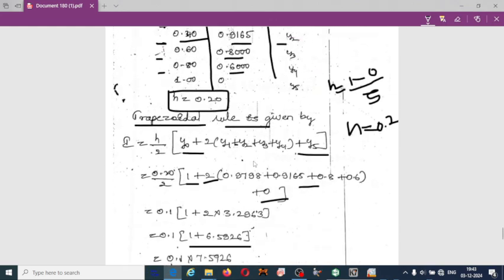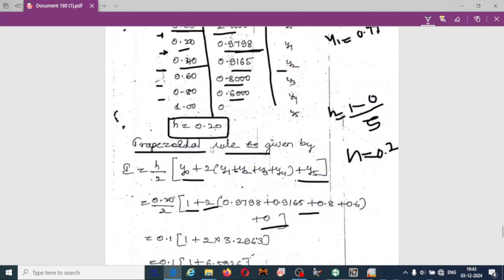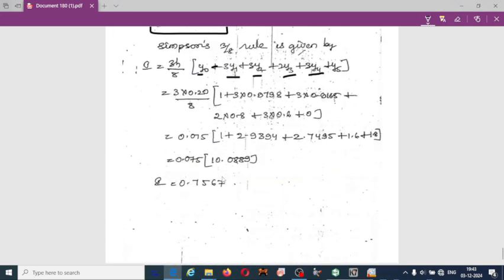For the given function with these intervals, we can write here y0 plus 3y1 plus 3y2 plus 2y3. Y3 is the only such term, as y6 we don't have. So these terms you should make a group here, 3 into y1 plus y2 plus y4.